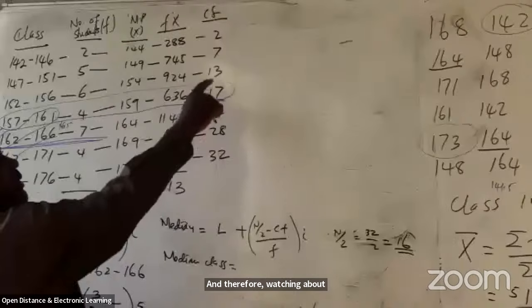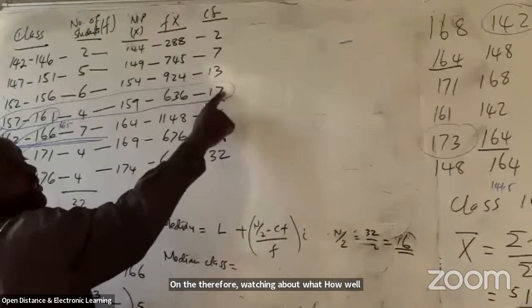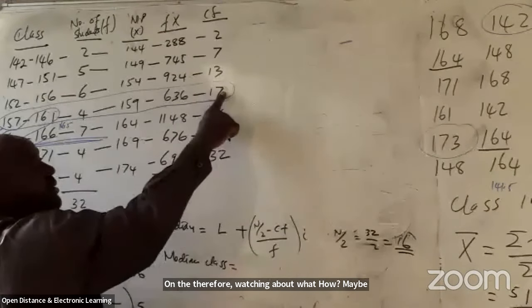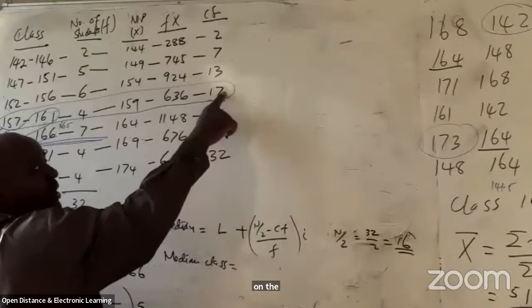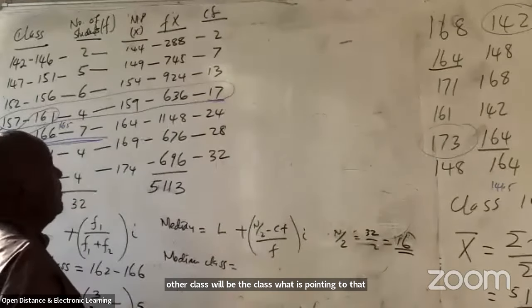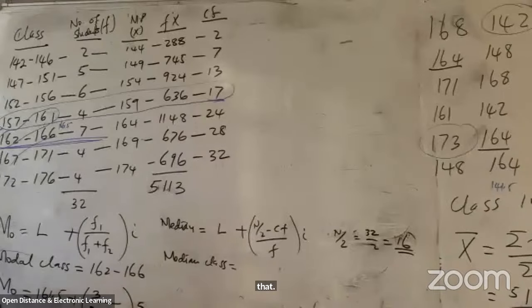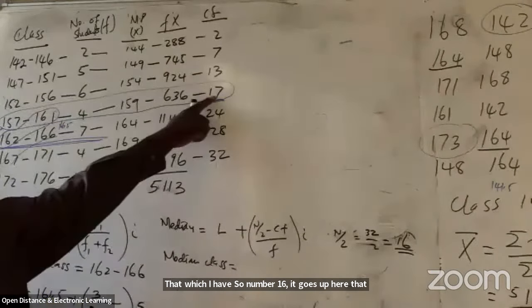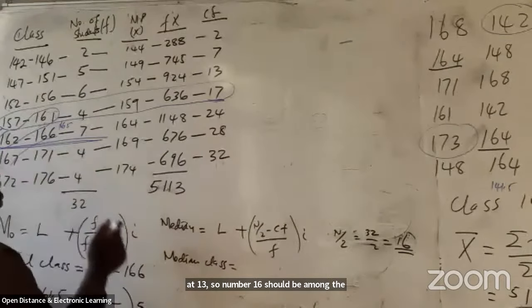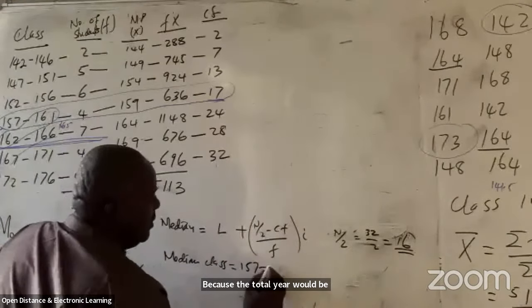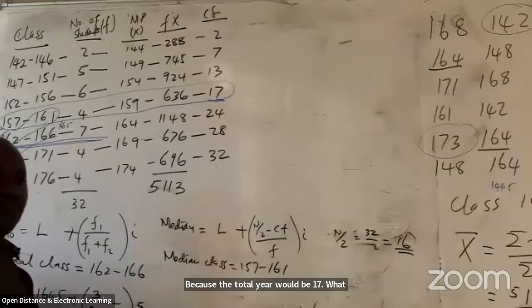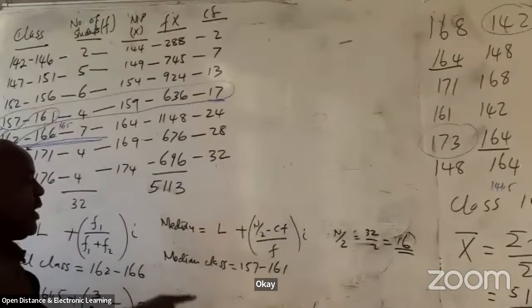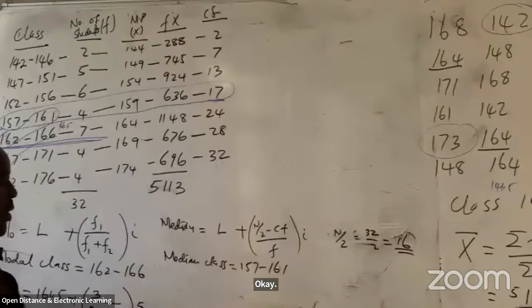Because up to here there are 13, number 16 should be among these, because the total here would be 17. Which means that our median class is 157 to 161. So from this, we can get our lower class boundary.